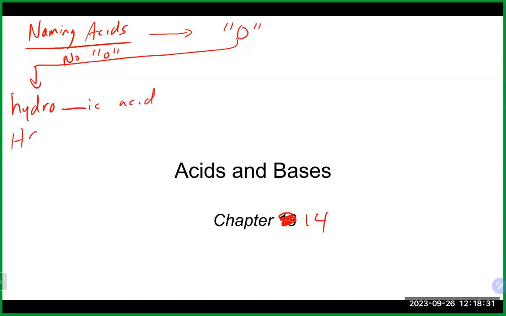So like HCl, no oxygen, so that's hydro. The middle part there is the anion in this case, and that would be hydrochloric acid. We have something like HBr, that is hydrobromic acid.